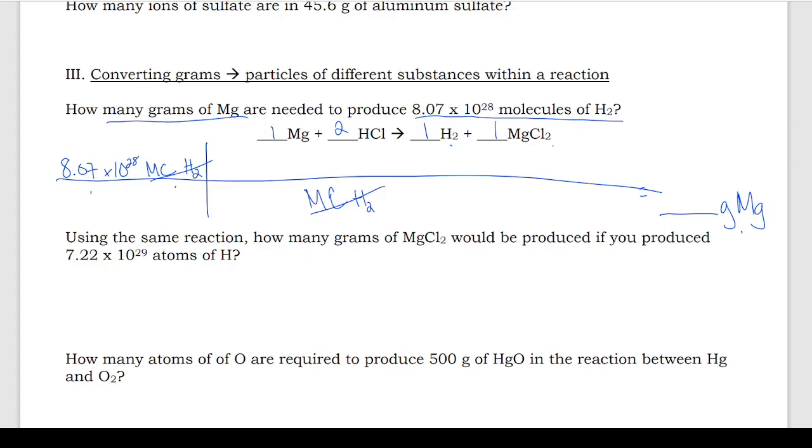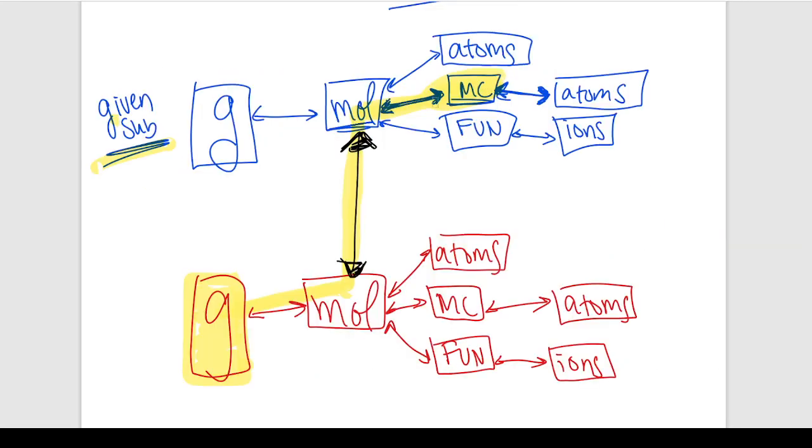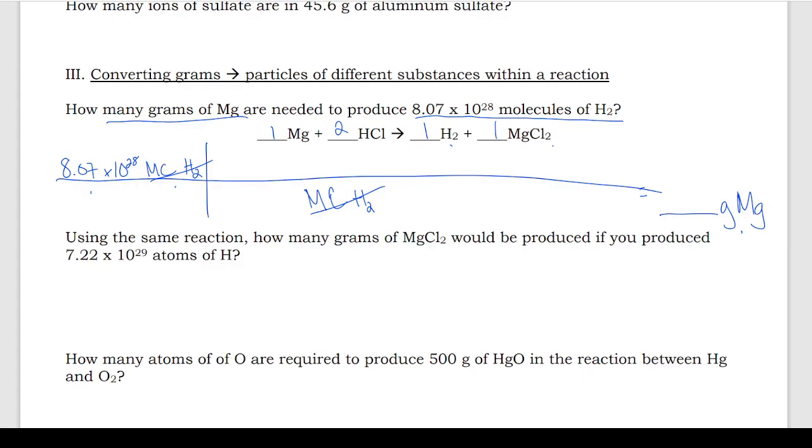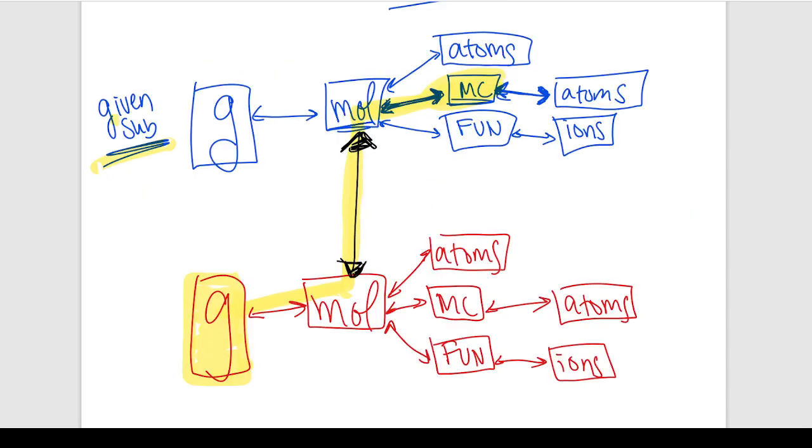So from molecules, where am I going first? Moles of my same substance. I'm going to put moles of H2 on the top. I'm going to bring moles of H2 to the bottom. I do that so that it will cancel out. Okay, then moles of H2 cancels, and then I go to moles of a different substance.